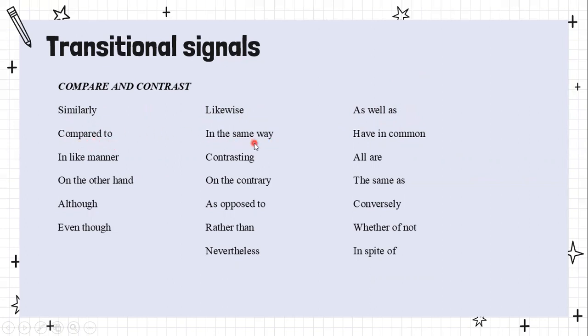In the same way, similarity, having common, similarity, all are the same as, these are similarity, contrasting, or on the contrary, or as opposed to, or conversely, whether or not, in spite of, rather than, nevertheless, these all show contrast, even though, although, on the other hand, these show contrast, okay?